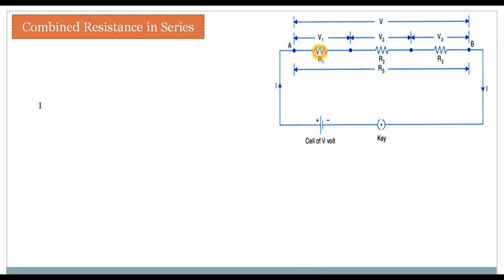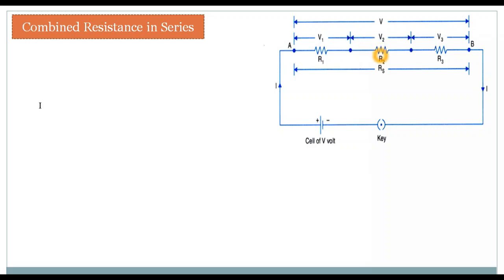Then after flowing here, resistor R1 will also take a potential difference, but obviously it will take a different potential. It will take some potential from this V volt, depending upon its resistance.